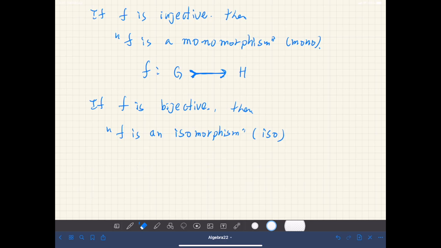And we write F from G to H with angular signs at both the head and the tail. So this signifies epimorphism, this signifies monomorphism. Together it signifies isomorphism.